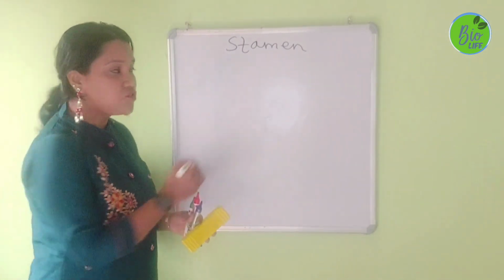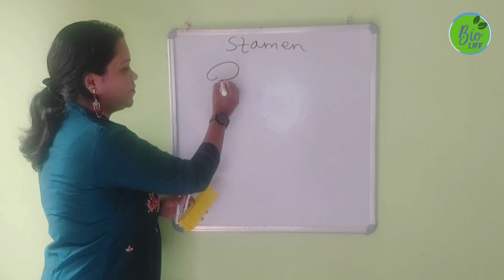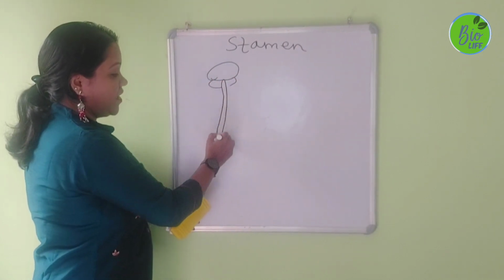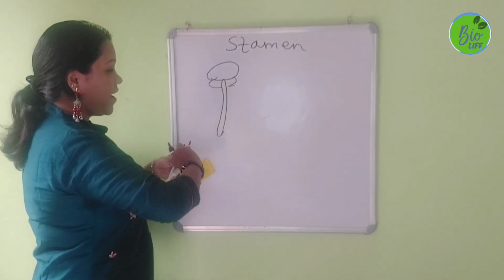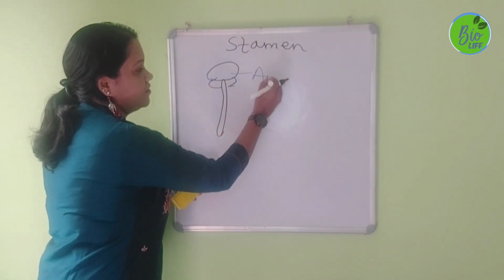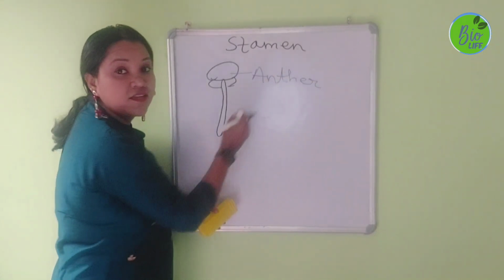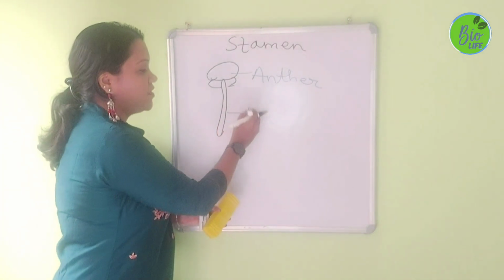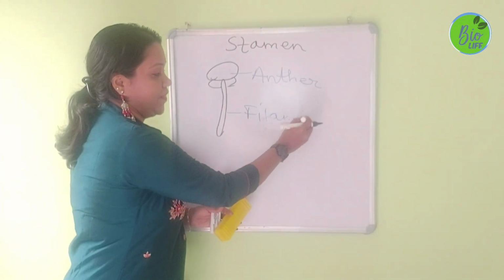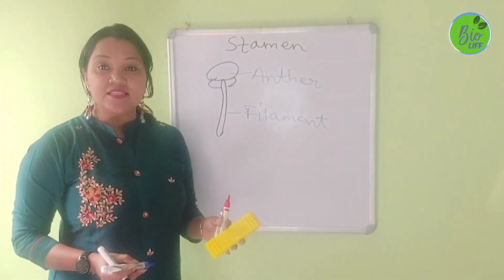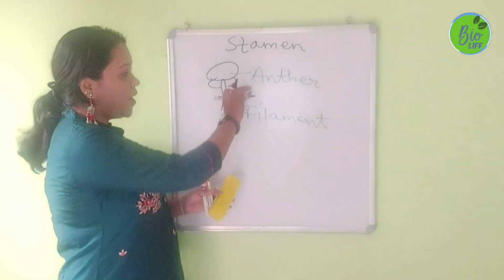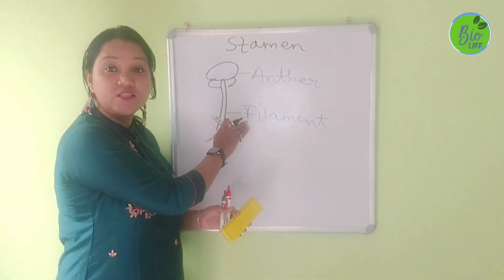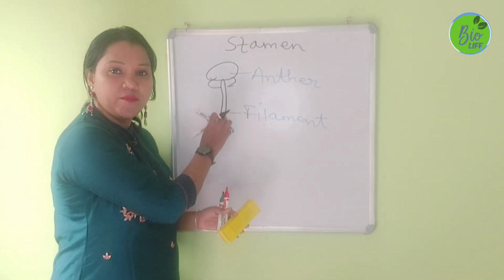The stamen consists of two parts. The upper part is called the anther, and the long, slender stalk is called the filament.